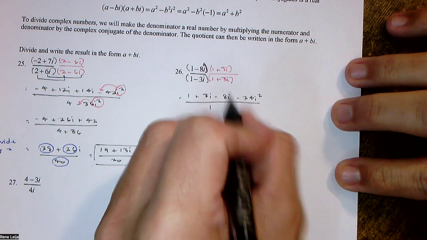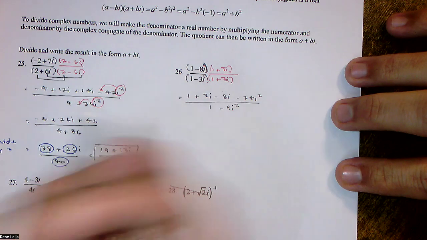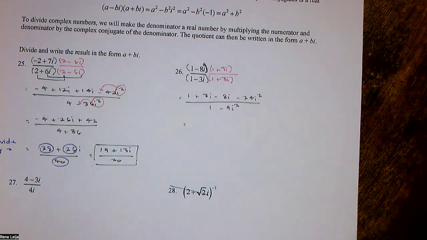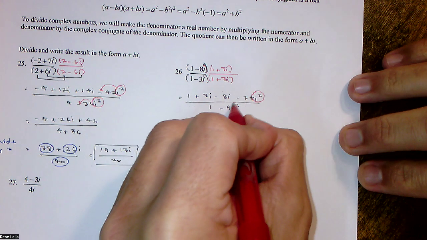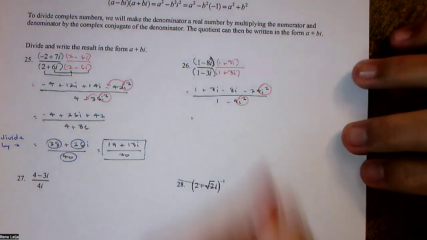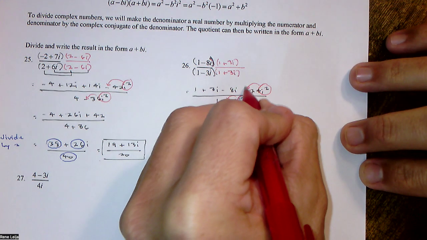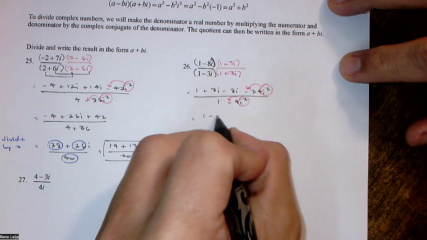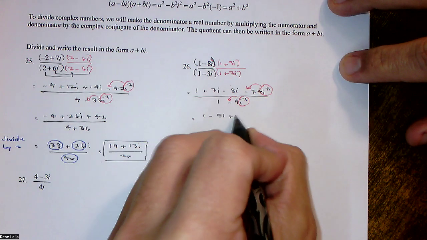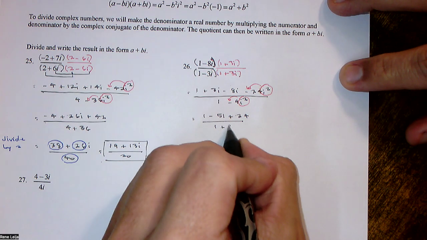Negative 3i times positive 3i is a negative 9i squared. Don't forget about these i squareds. Remember, they change the signs in front. So 1 minus 5i plus 24 over 1 plus 9.